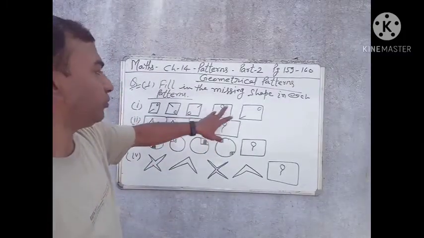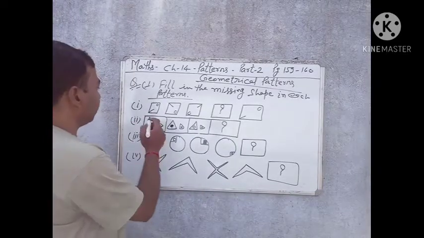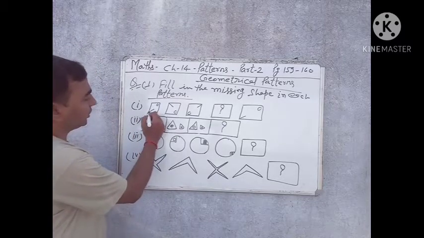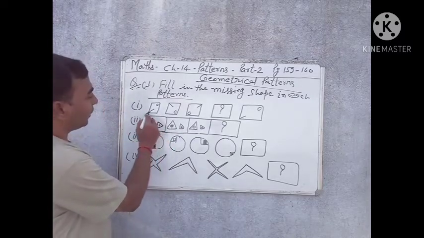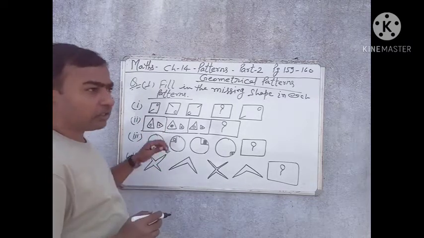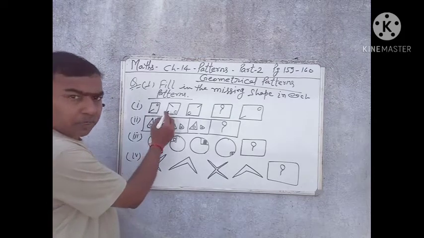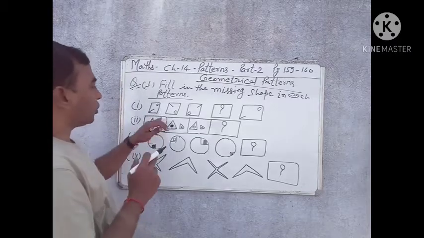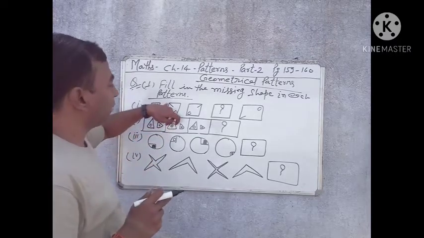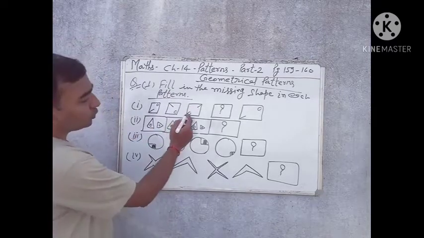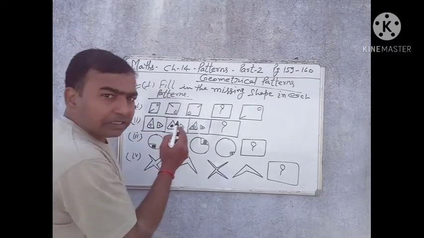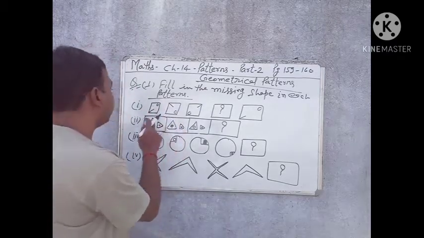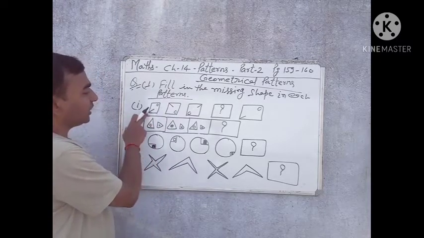With the correct shape. You can see that in question number 1, first the small line is in this corner and just opposite side is a circle. Now in the second figure, the line turns to the next portion.